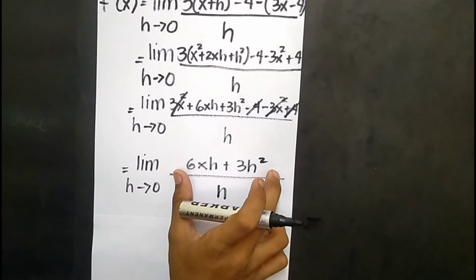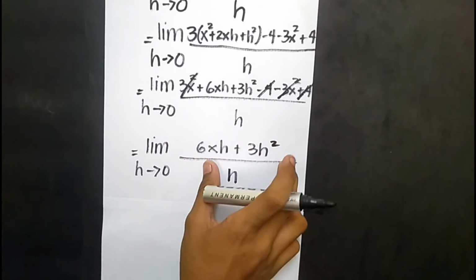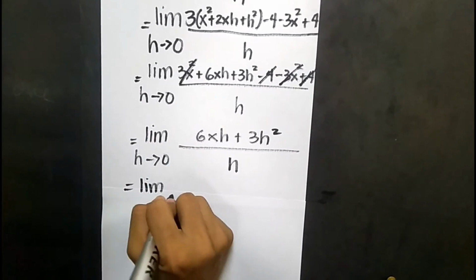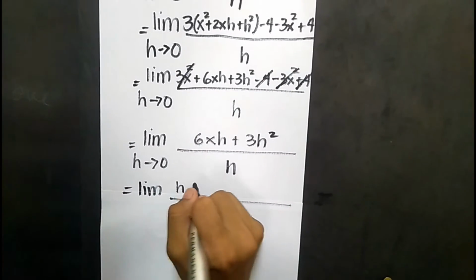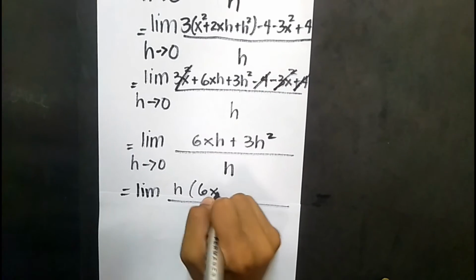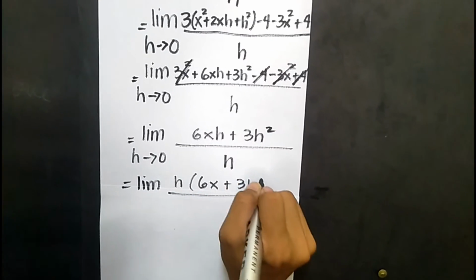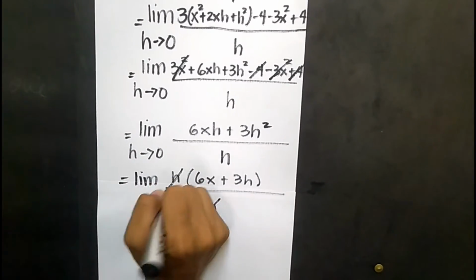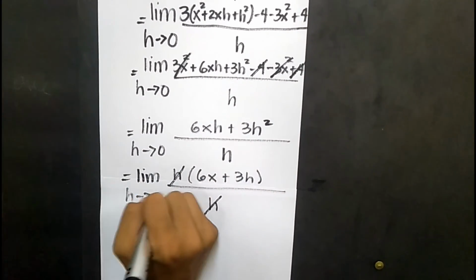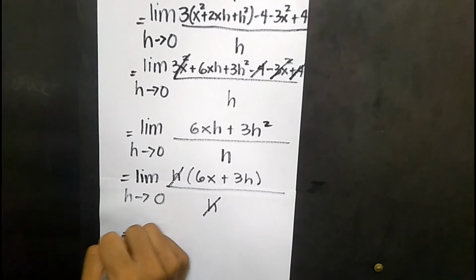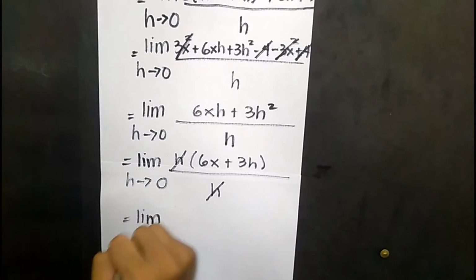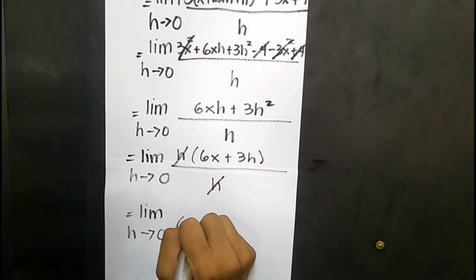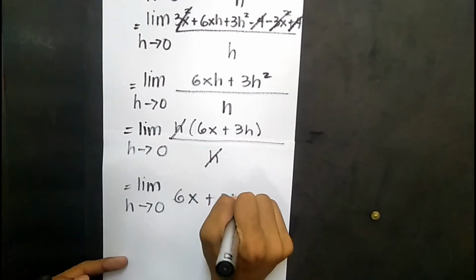Then in the numerator, factor out the h. So it would be the limit of h times the quantity 6x plus 3h all over h. Then cancel out the h as h approaches 0. And it would be left with the limit as h approaches 0 of 6x plus 3h.